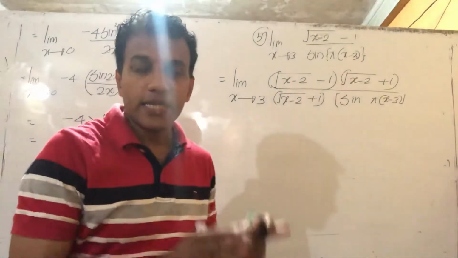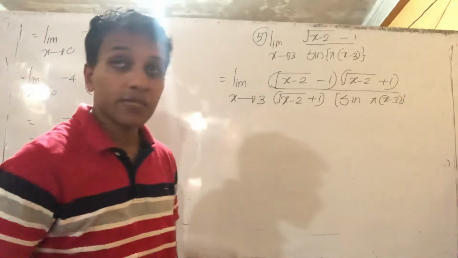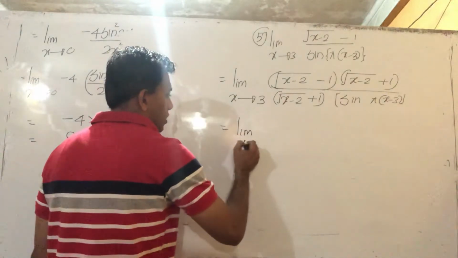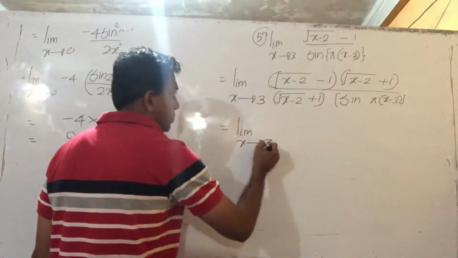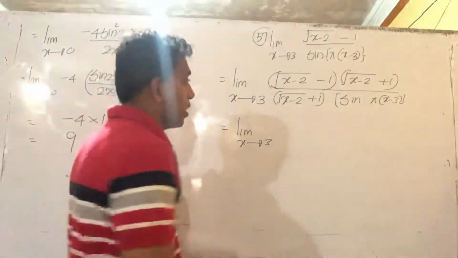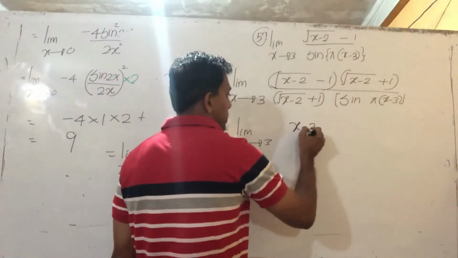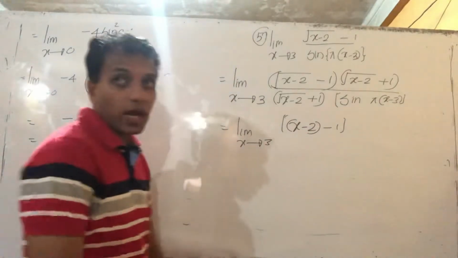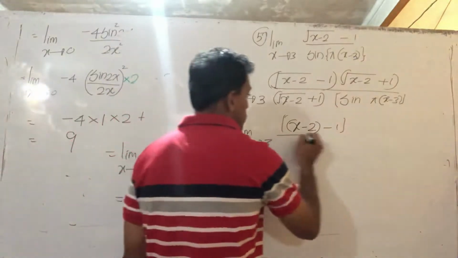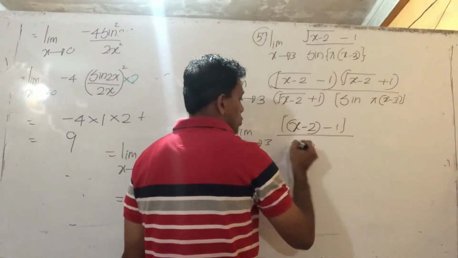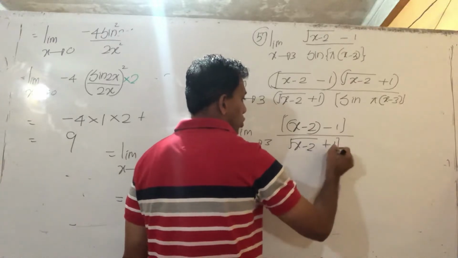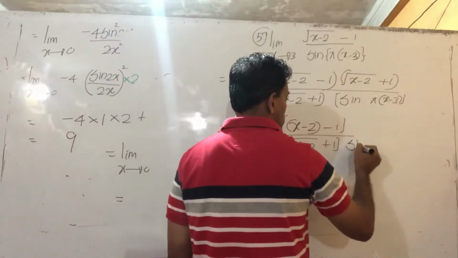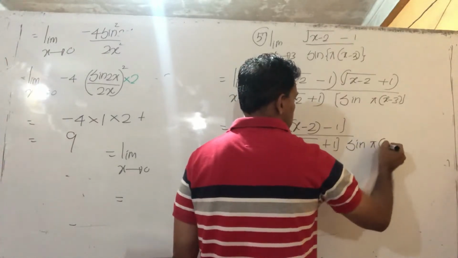So try to get the sine theta over theta pattern, that becomes easy. So at the numerator, wherever we use this conjugate pattern, factorization form, a minus b, a plus b, that is a square minus b square: x minus 2 minus 1. Over, below it is plus, no problem, and the remaining part is sine pi into x minus 3.